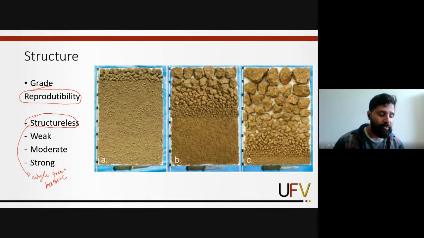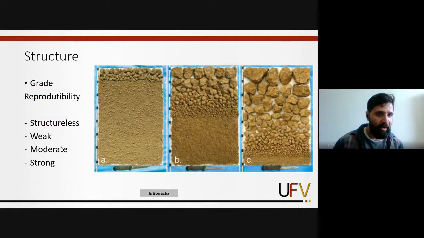So again, if you have a single grain structure or a massive structure, you don't have a grade. You are just structureless. So you don't need to measure the grade if you have a single grain or a massive structure.